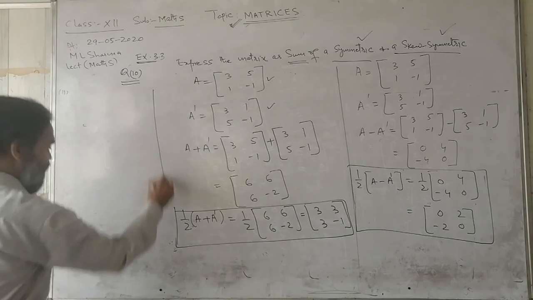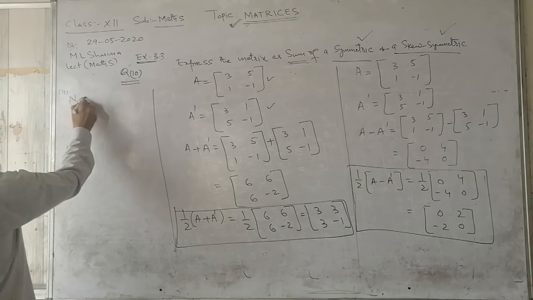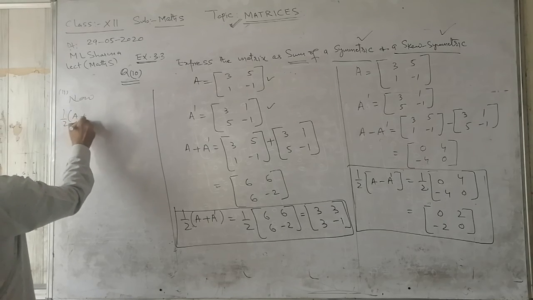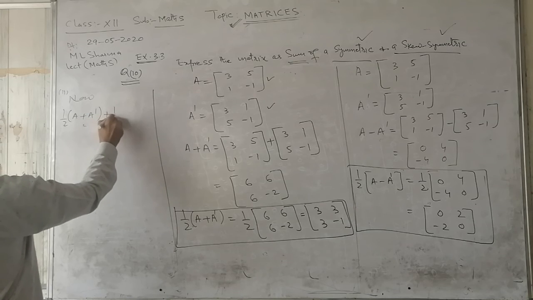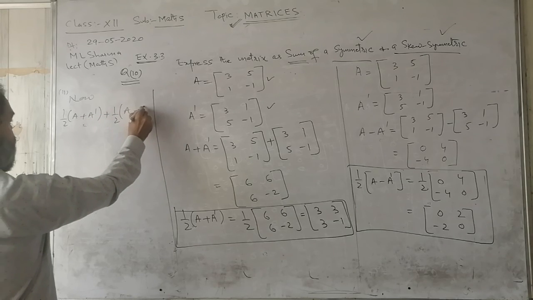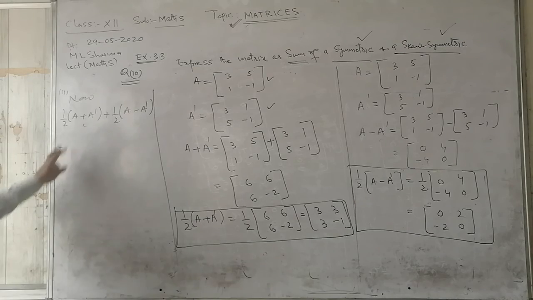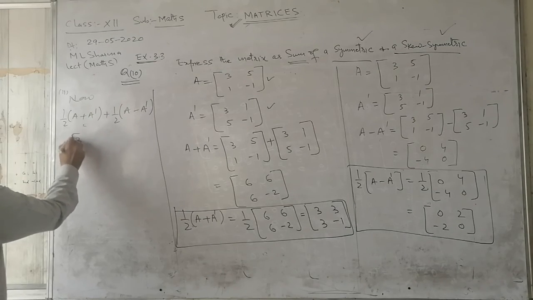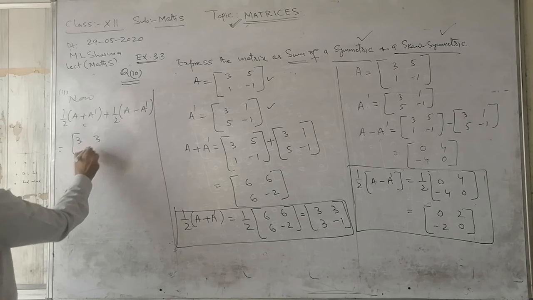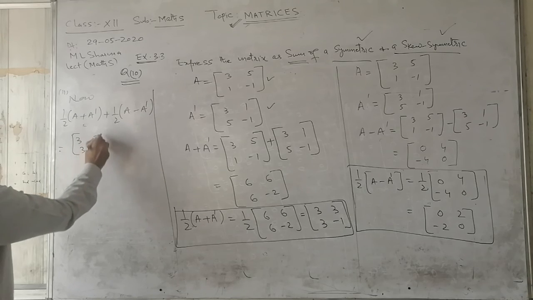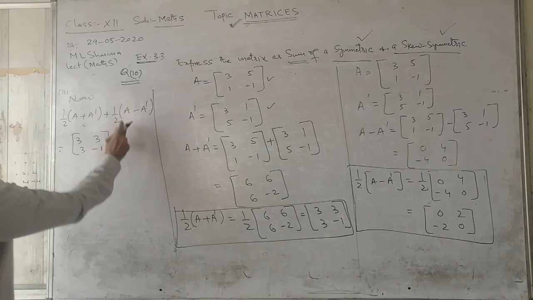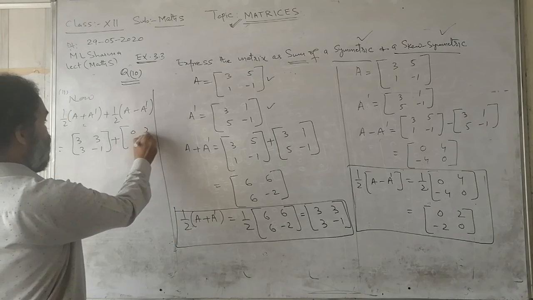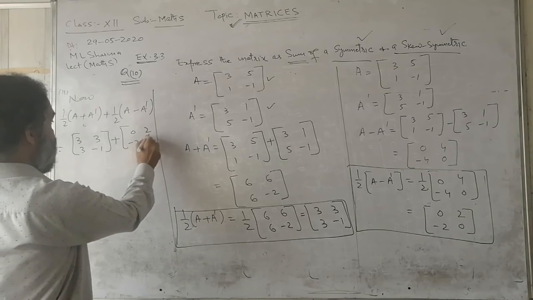So let us add the two values: half of A plus A transpose plus half of A minus A transpose. I have found the first value, 3, 3, 3, minus 1, plus this value, 0, 2, minus 2, 0.